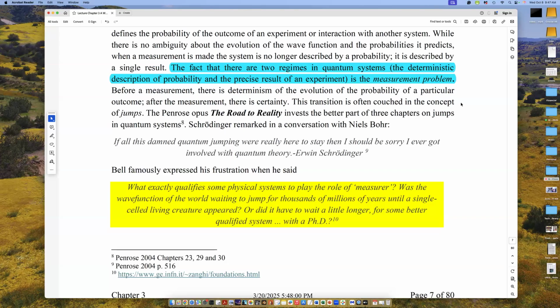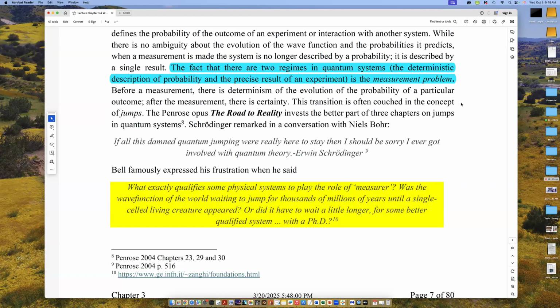A measurement problem means that we can use the Schrodinger equation to describe the quantum system, and we get results that are consistent with the Schrodinger equation always, because the Schrodinger equation gives us a wave function, and the wave function gives us the probability for the outcome of an experiment. And that works great up until the point when you actually do the measurement, and then the Schrodinger equation is irrelevant from that point forward.